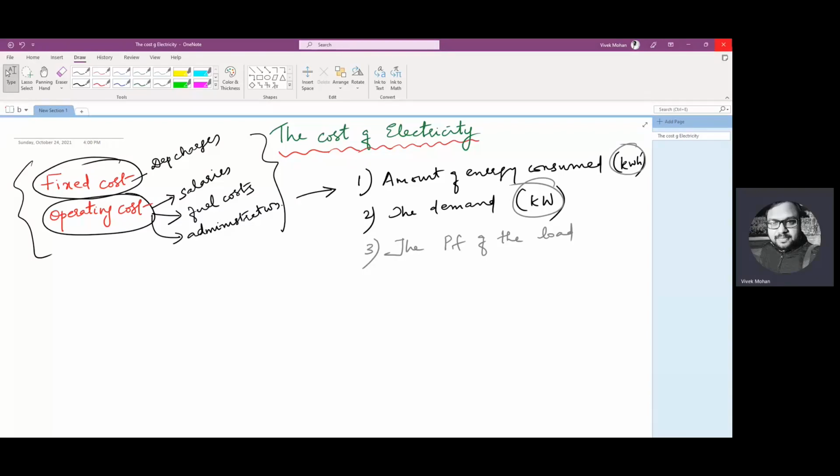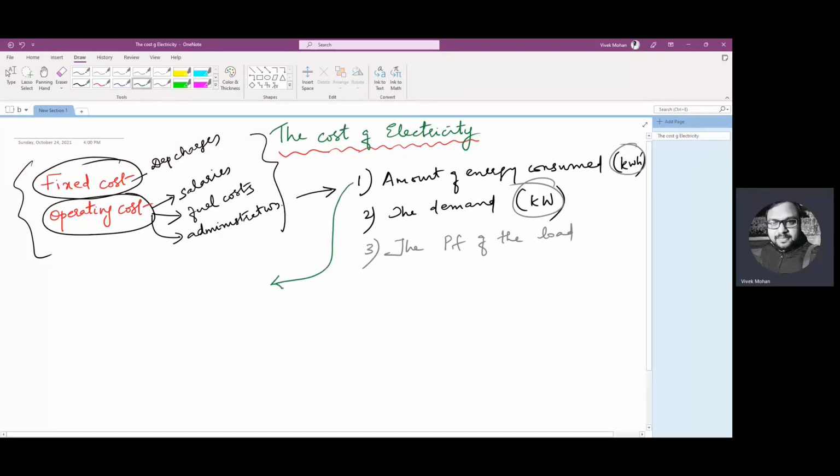In that case, it will reflect on the energy bills. So sometimes for big consumers, big in terms of capacity, we include power factor also as a component.